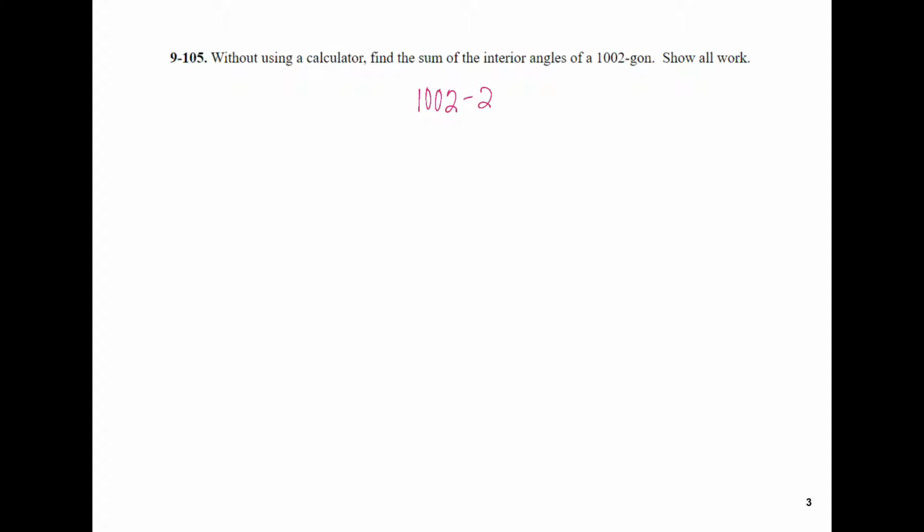So we would have 1,000 triangles. Multiply that by 180 because I know each triangle is 180 degrees. So that would tell me that my angles add up to 180,000 degrees.